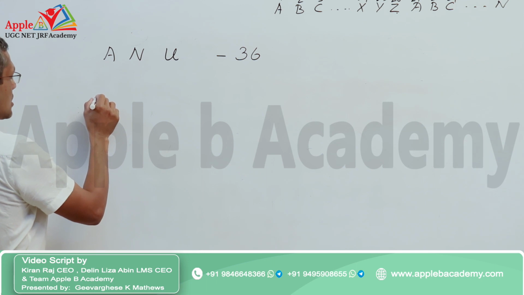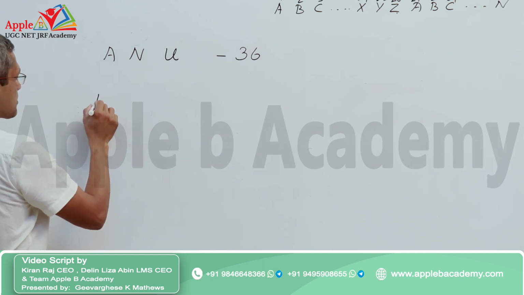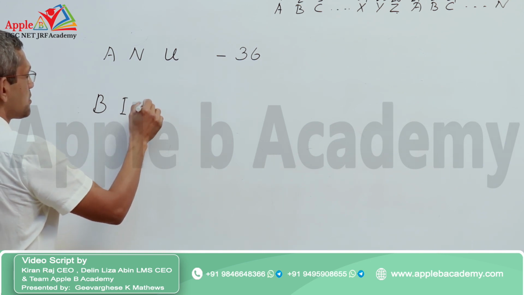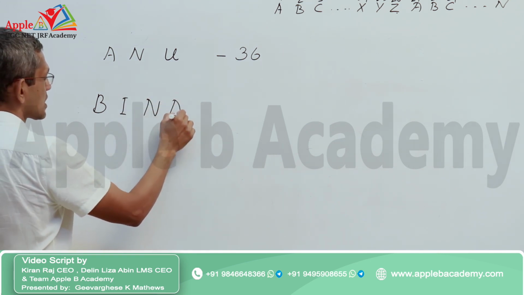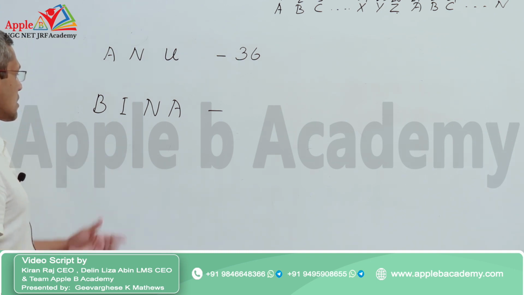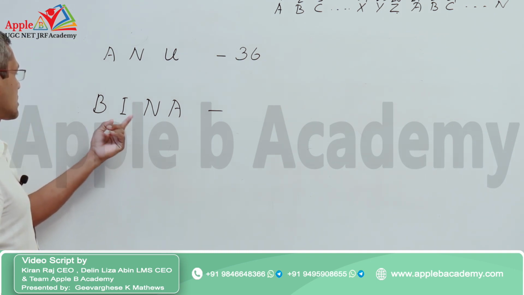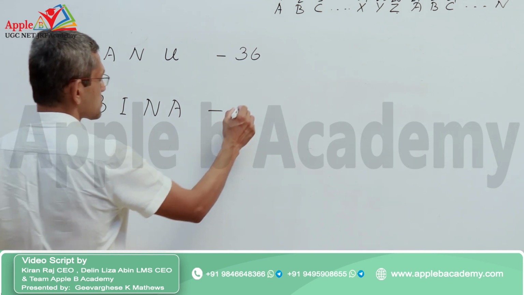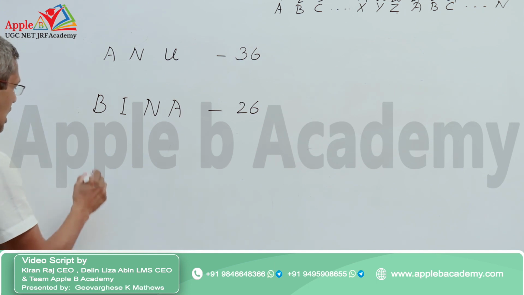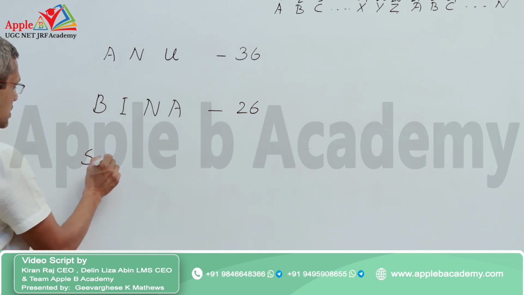And Bina, the name of another person, Bina is coded as, let's say, 26. Then how about the code for Sonia?